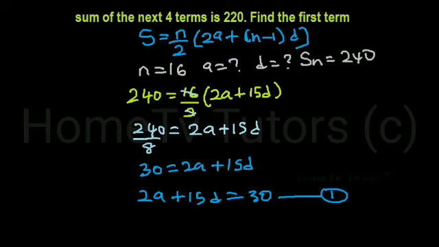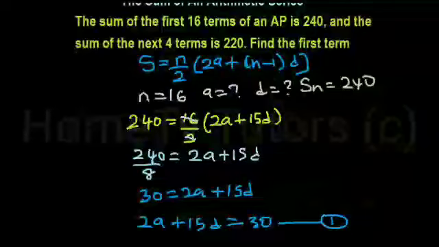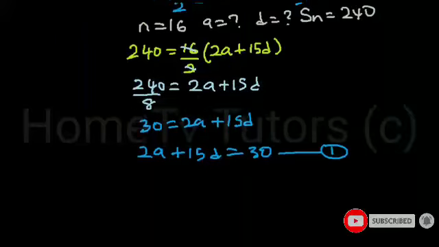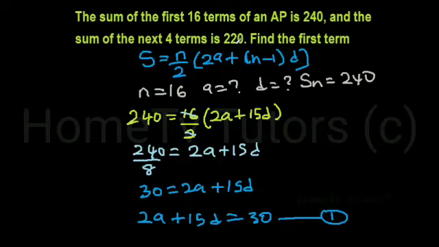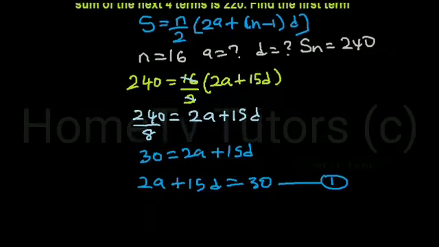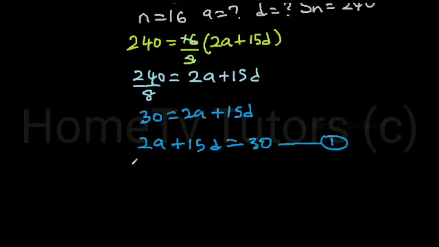Then for the next part, with some of the given facts in the question, we are given that the next 4 terms sum to 220. So the sum of the 16 terms and the next 4 terms, that is the sum of the 20 terms, is equal to the sum of the 16 terms plus the sum of the 4 remaining terms.